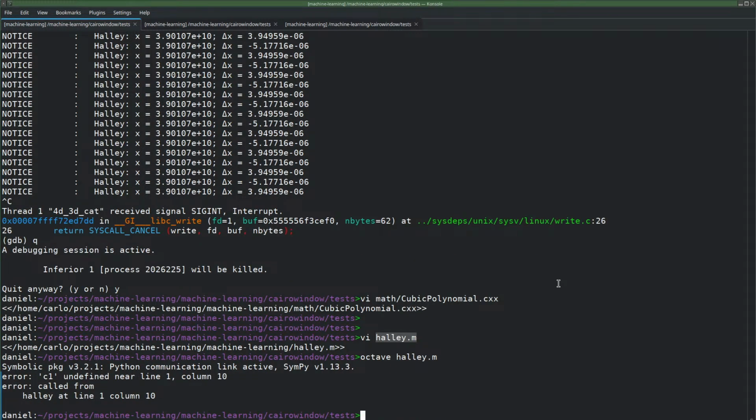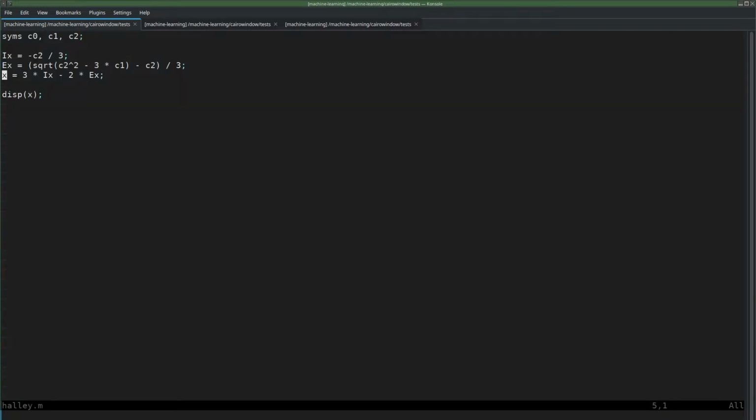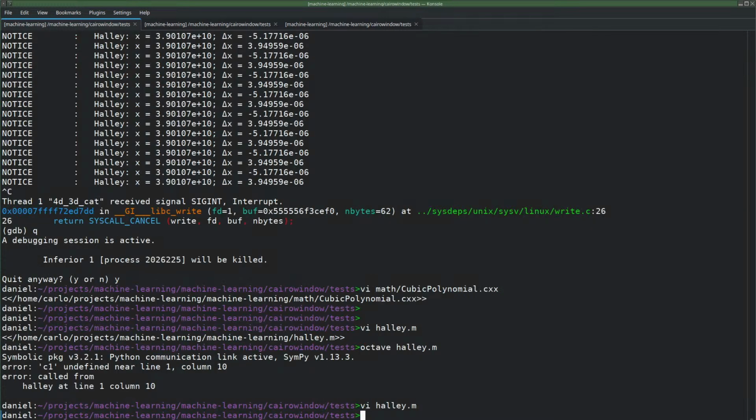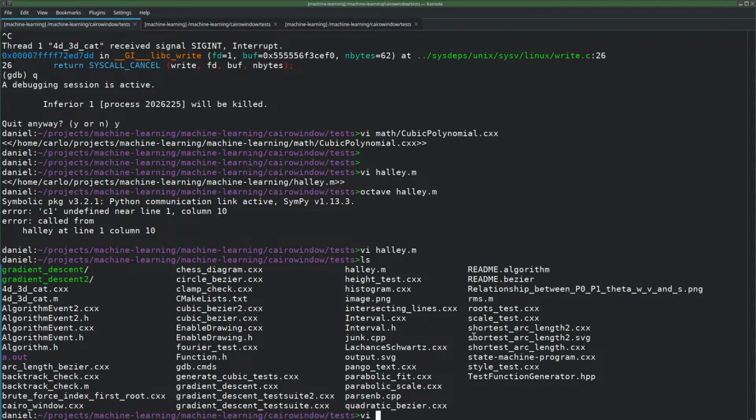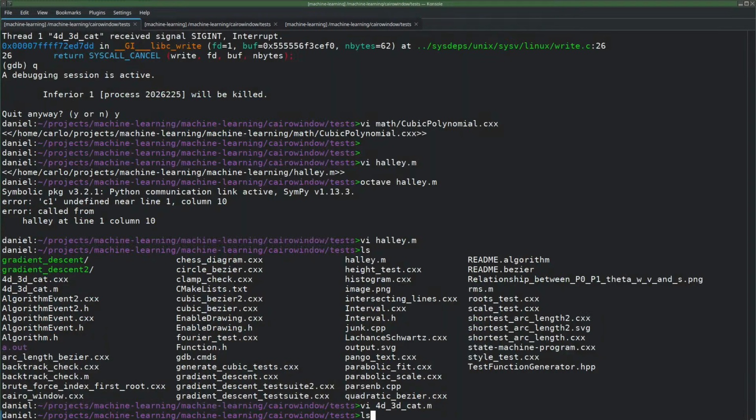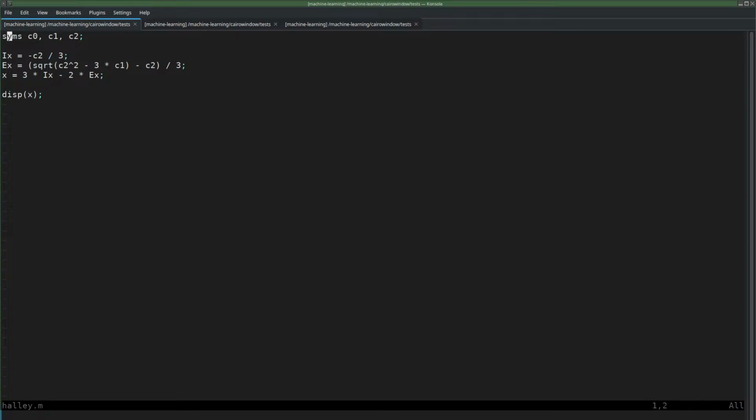C1 undefined. Okay, maybe no commas, but let's just look at an existing one. No commas. Okay, let's do that without commas then.